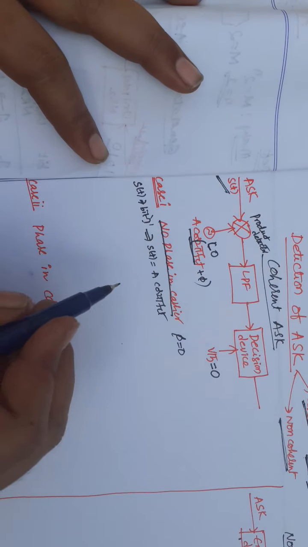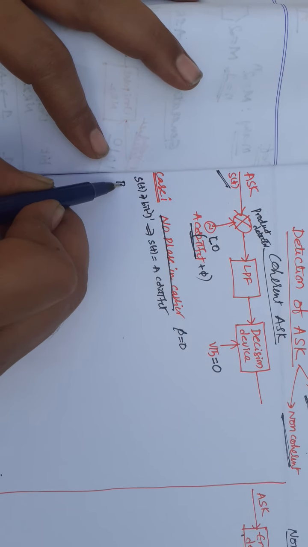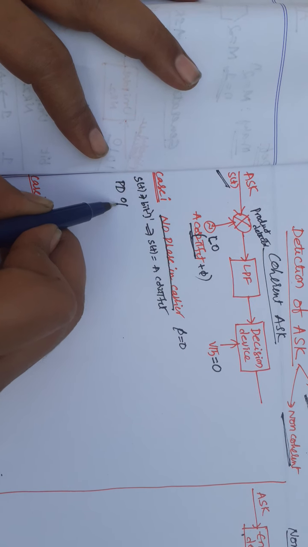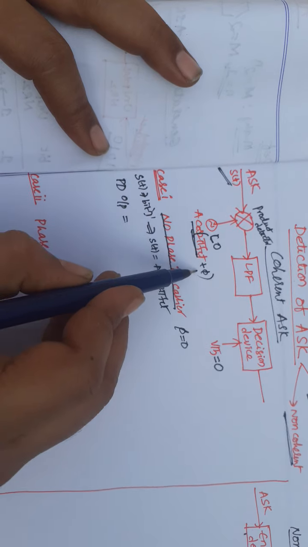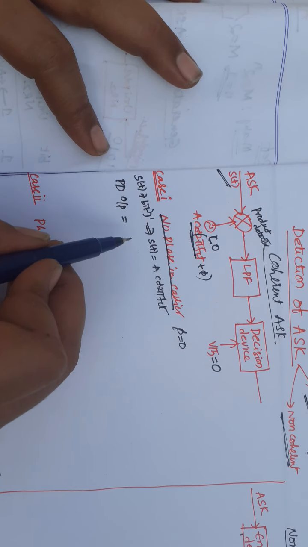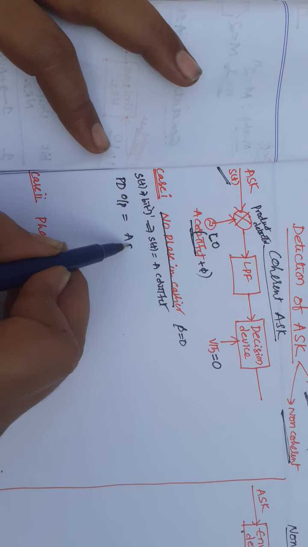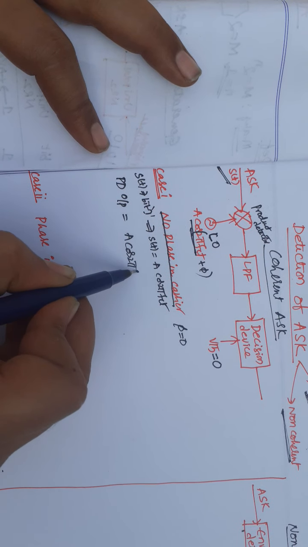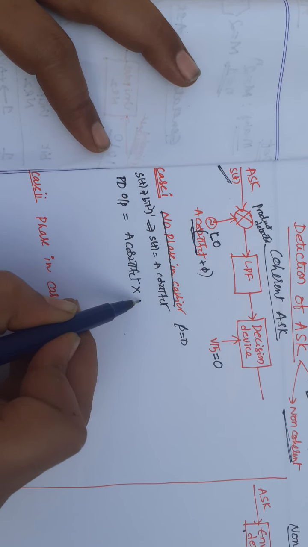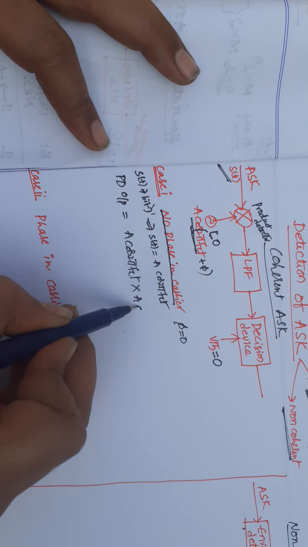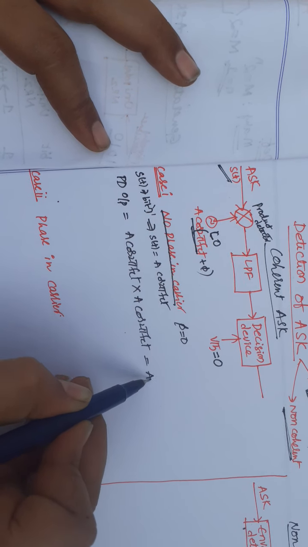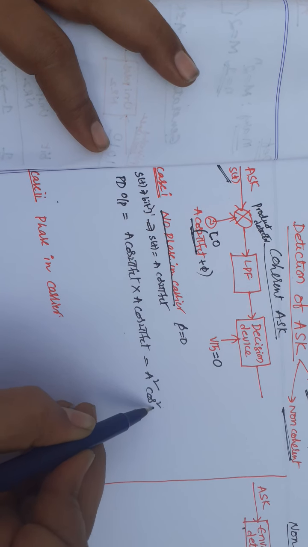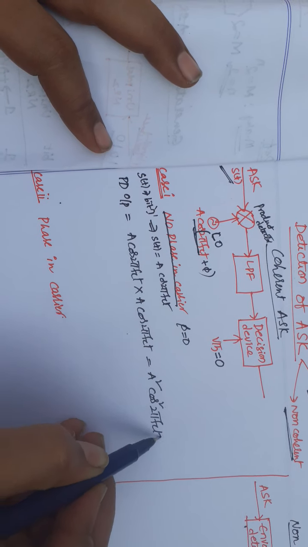Now for this case, the product detector output is S of t multiplied with the local oscillator carrier. So here A cos 2 pi fct is multiplied with the local oscillator carrier cos 2 pi fct, it becomes A squared cos squared 2 pi fct.